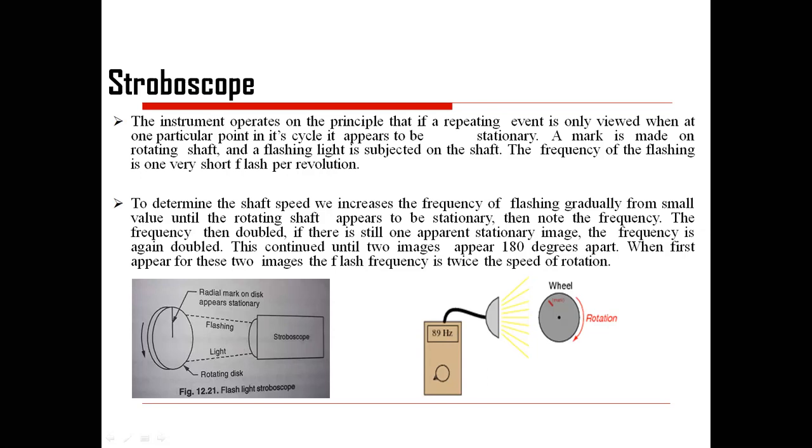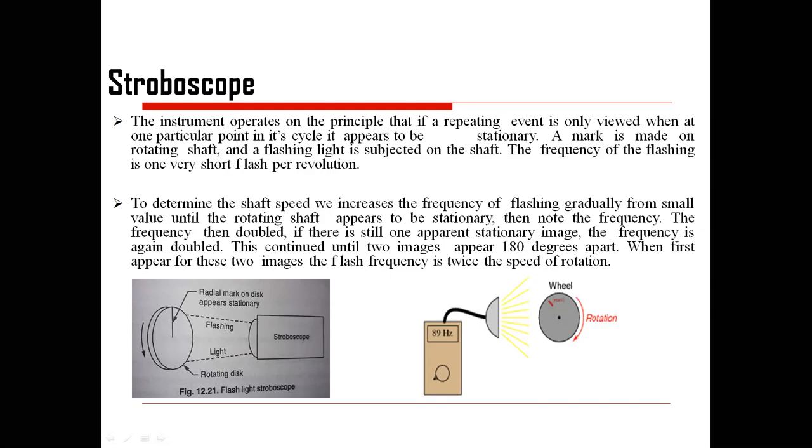So the stroboscope, the instrument, operates on the principle that if a repeating event is viewed only at one particular point in its cycle, it appears to be stationary, which I have explained.